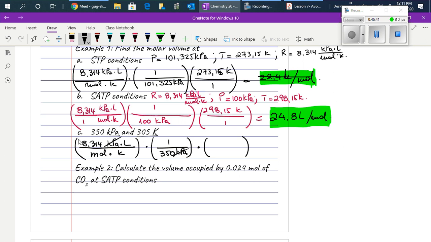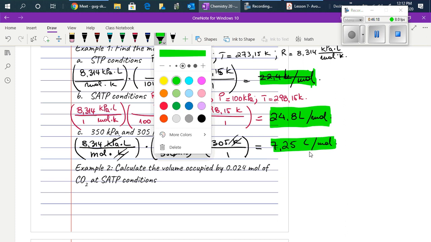And then we have a temperature of 305 K over 1. So K and K cancel out, and what you end up with is liters per mole. When you enter this in your calculator, you will have 7.25 liters per mole. And this takes into consideration the fact that the number of significant digits is 3, so this is what we do.